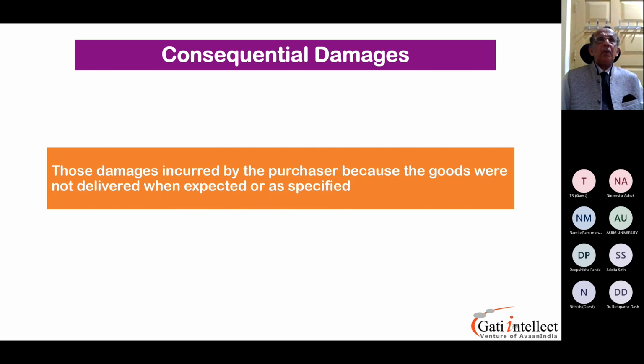The only party who is responsible and who has to pay for such late delivery is the main contractor. Let's say it's a turnkey project. The main contractor is responsible for such consequential damages. No subcontractor will ever pay such consequential damages.